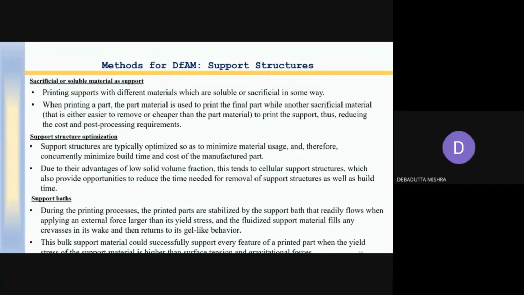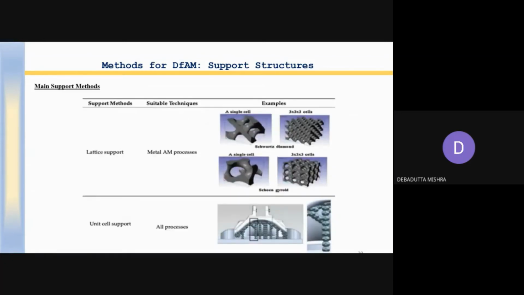This must be injected, and the fluidized support material fills any crevices in its wake and then returns to gel-like behavior. Means a gel sort of thing will be injected, which will work as a support material. And after the print is over, this can be removed, but this cannot be reused. Okay.